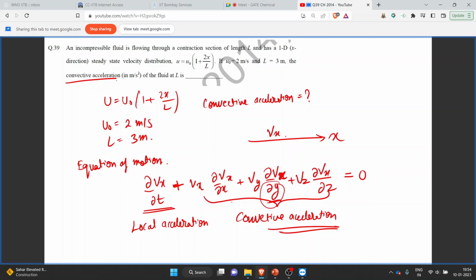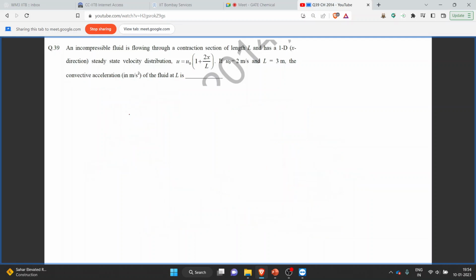Since the velocity that we have been given is only a function of x, this entire term will become 0. Similarly, del Vx upon del z, a derivative with respect to z, will also become 0. So the convective acceleration in our case is simply Vx into del Vx upon del x.